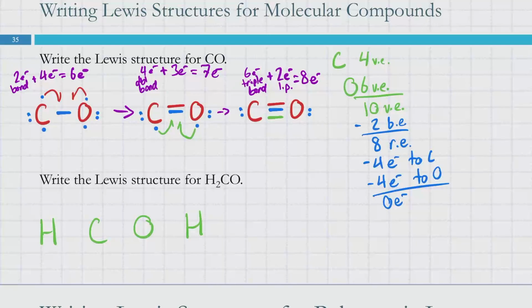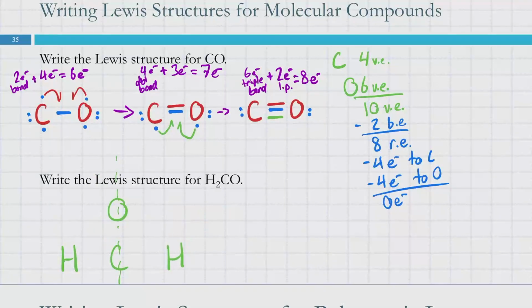The problem is that we don't have left-right symmetry. So if we draw a mirror plane down the middle, the left side doesn't look like the right side because we've got carbon on the left, oxygen on the right. If we move the oxygen up to be on top, like that, now we've got left-right symmetry. That's going to be better position-wise.